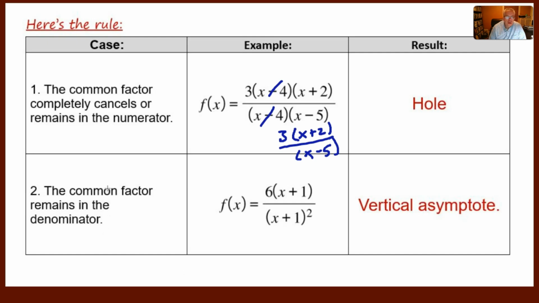On this one, the other case is that when the common factor remains in the denominator. Here, if we cancel an x plus 1, we're left with 6 over x plus 1. The common factor remains in the denominator, and it's still going to be where a vertical asymptote is.